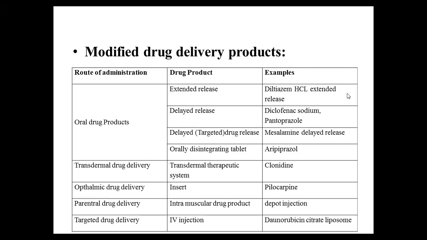In extended release drug product, we have different kinds of formulations which consist of diltiazem hydrochloride. In delayed release, diclofenac, mesalamine, delayed release omeprazole. In transdermal drug delivery, we have transdermal therapeutic system which consists of clonidine. Similarly, ophthalmic drug delivery, parenteral drug delivery, targeted drug delivery.